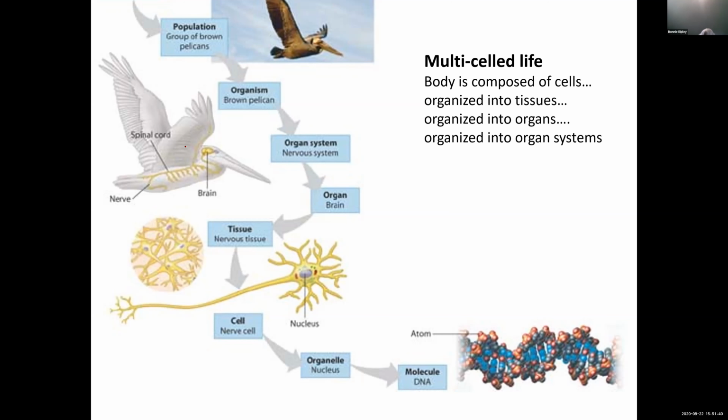So this idea that we have a hierarchy of structure is much like the idea when we were doing classification. We have a hierarchy of categories that our classification is going into. But for life, we have at each of these levels, when we put together a variety of tissues into an organ, the organ can do something that the tissues couldn't do by themselves.